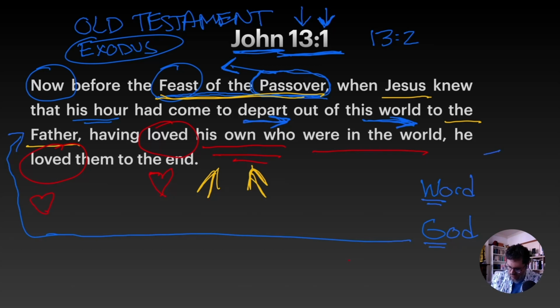If you want to, you can read that in a very famous verse, John 3:16 and 17, which speaks about this. So there is a time when Jesus is going to depart out of this world.